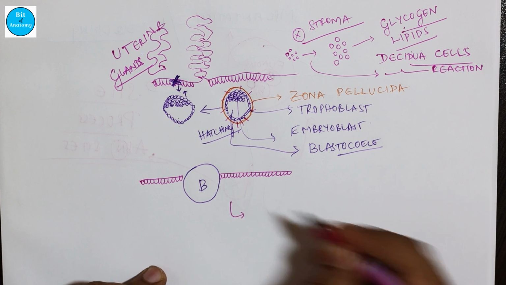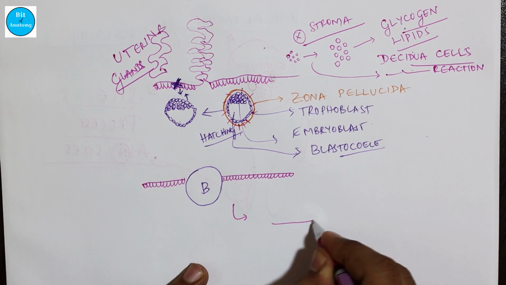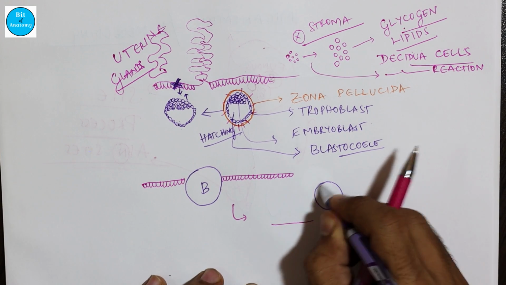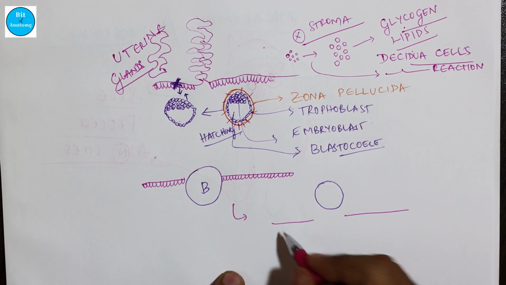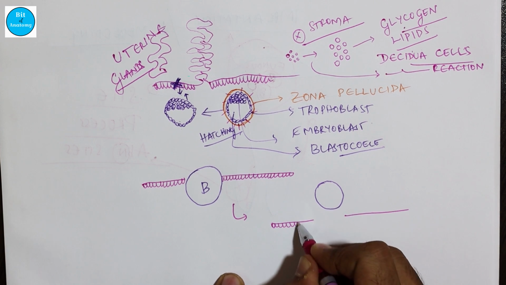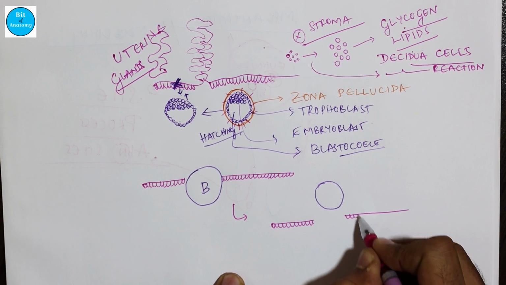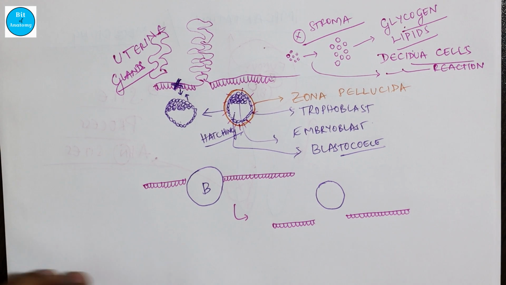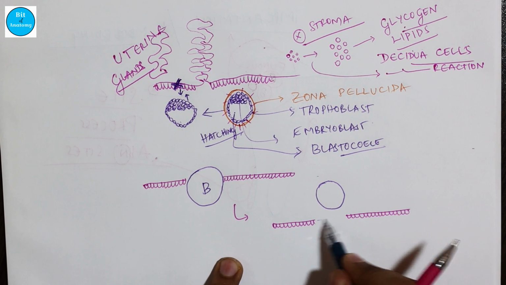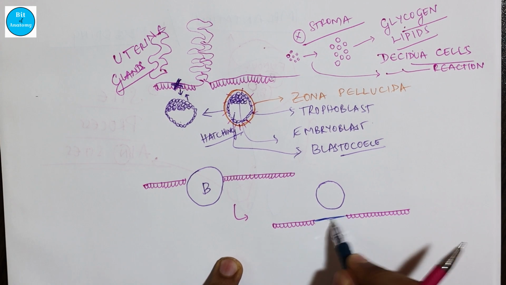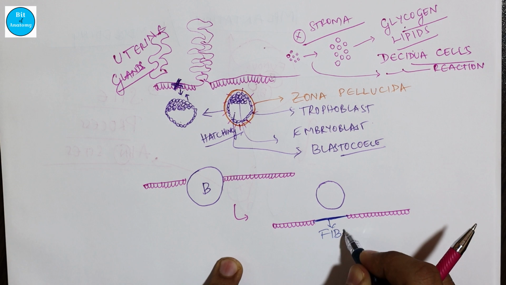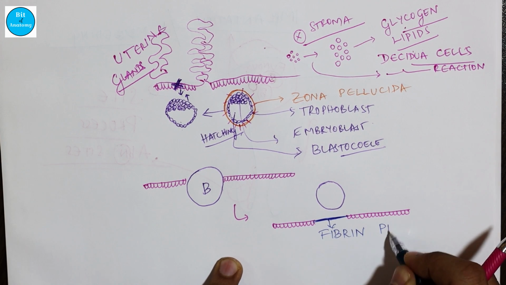Further, what happens? The entire blastocyst is present within the uterine wall, and the gap or the part of the endometrium which is ruptured will be initially filled by the fibrin plug, which is gradually replaced by the endometrial layer.